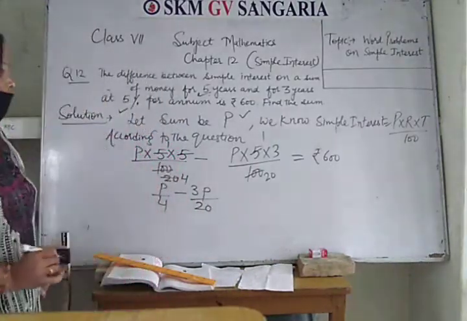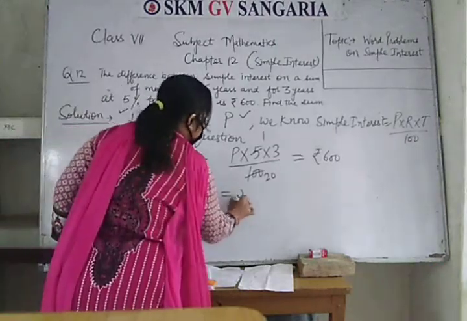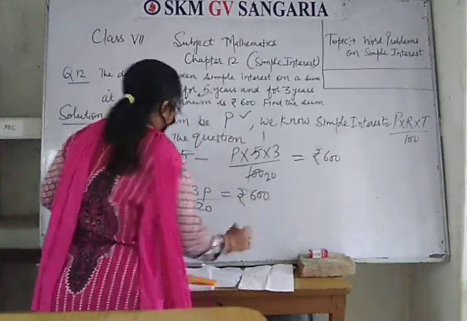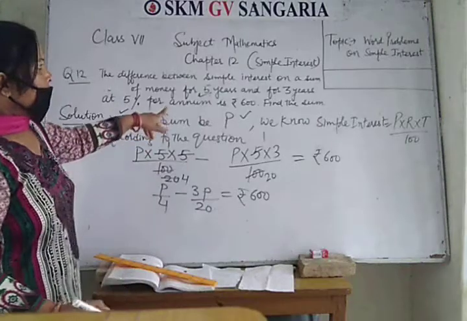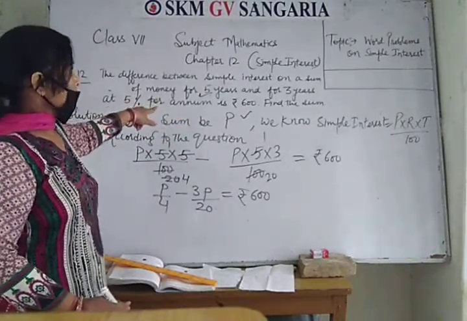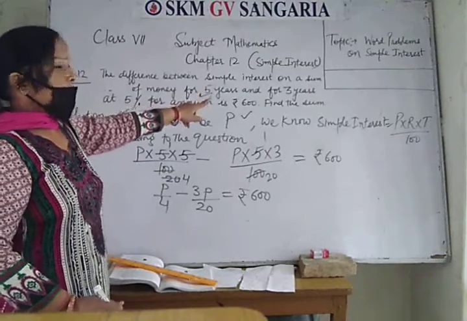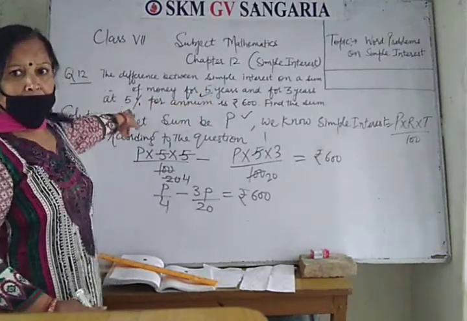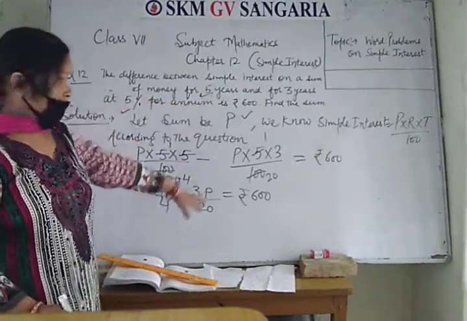Okay. Now it is equal to rupees 600 because difference of simple interest for 5 years, 3 years at 5% per annum, that is rupees 600.